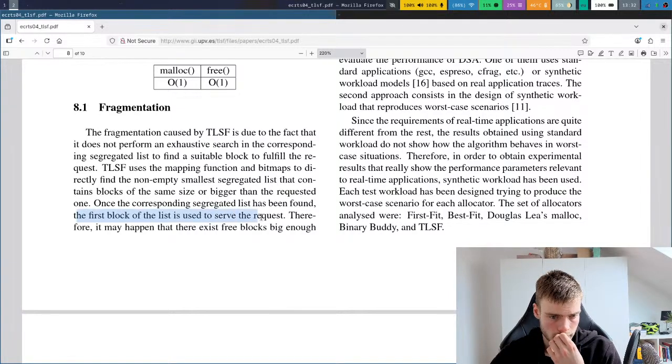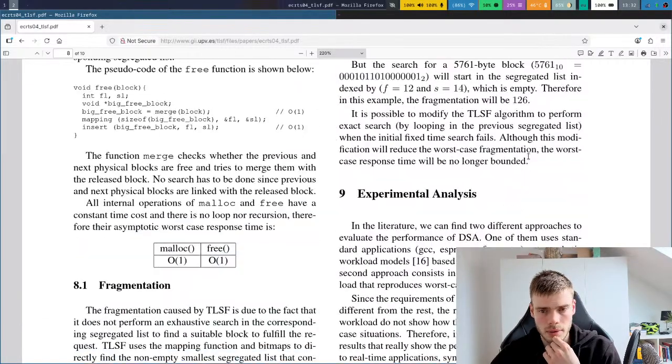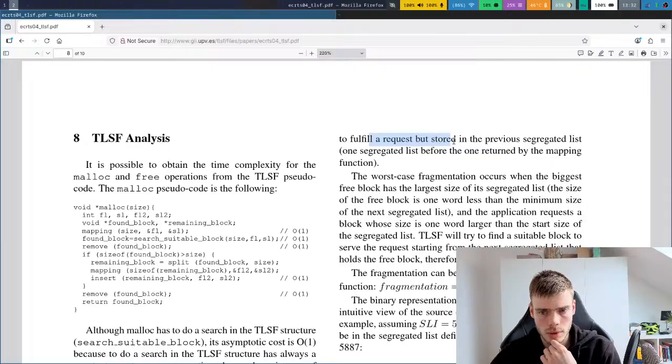First block of the list serves the request. Therefore, it may happen that there exist blocks big enough for a request but stored in the previous segregated list. Why?